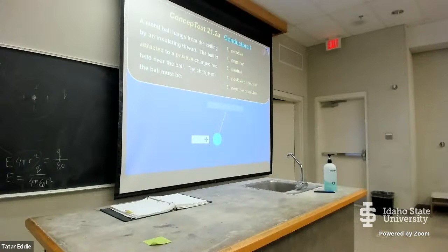Okay, so here is the first question. You have metals here, and you have a charge. A negative electric charge would be a good answer, but it is not the only possible answer, because look what happens.